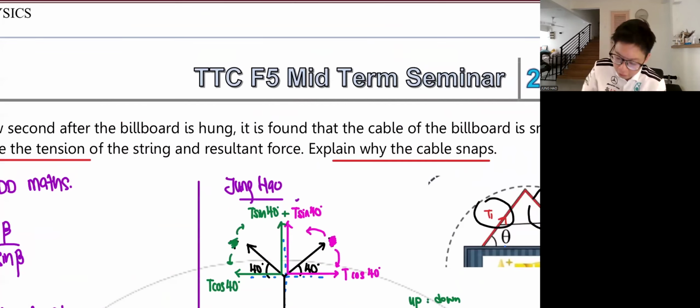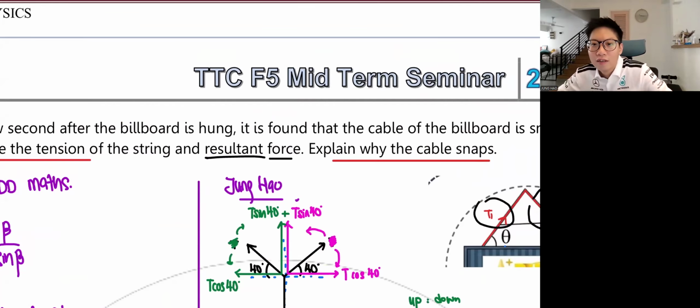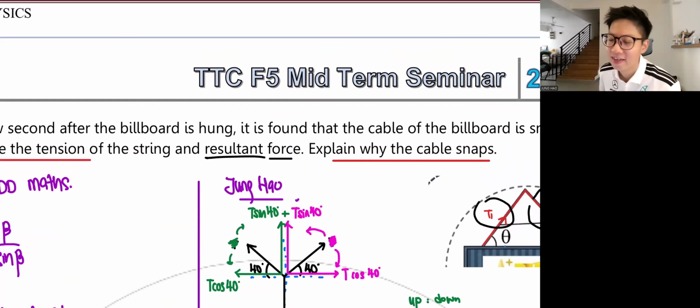So you see, I got one student say, that's why during physics you very handsome. Yeah, Wing Hing. Okay, can expose you.